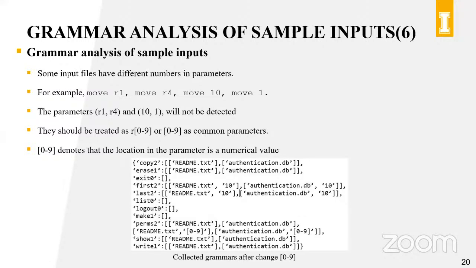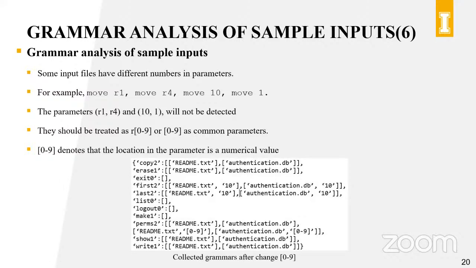So we have to treat them or change them to R09 or 09, so that R09 or 09 can be common parameters or real parameters that are going to be extracted.